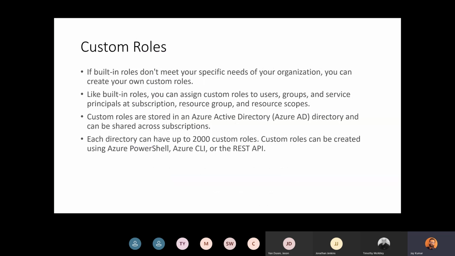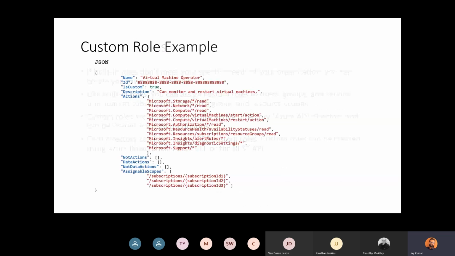There are custom roles. I mentioned that. So you can actually create a custom role like this. It's a JSON template. So actually, I'm creating a role called Virtual Machine Operator. I kind of misspoke last time. The Virtual Machine Operator is a custom role that I created. So you can create an ID for that, and then just provide what it allows.